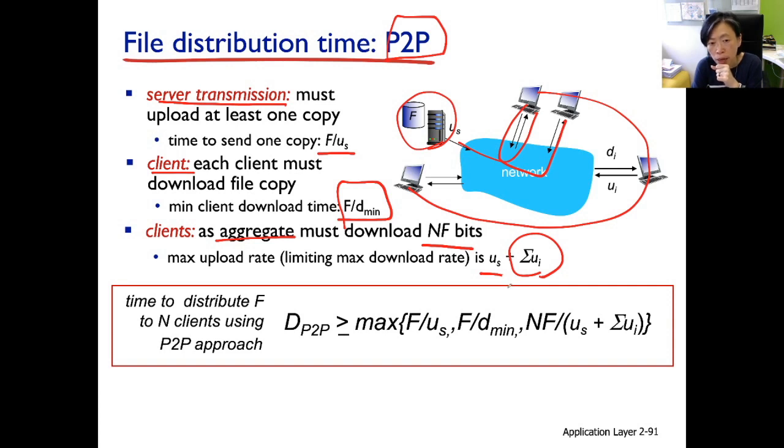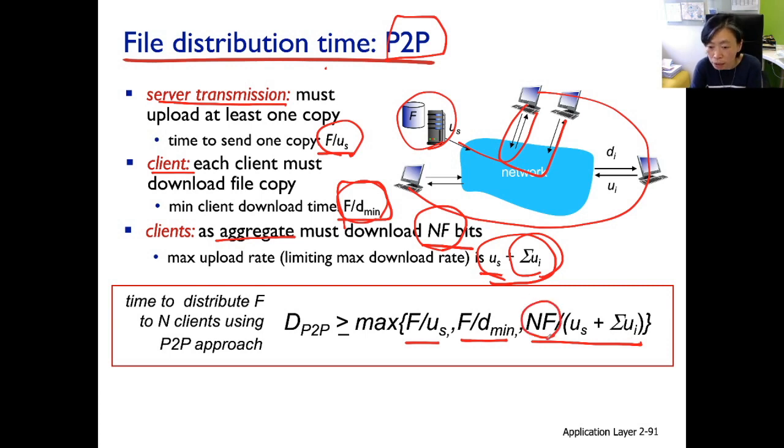So in a way, the file distribution time for a P2P system is bounded by either a bottleneck at the server, a bottleneck at the client, or a bottleneck of the system as a whole. If you want to download NF bits over this much bandwidth entirely, we have the server being the bottleneck case, one of the clients being the bottleneck case, and the system overall being the bottleneck case.